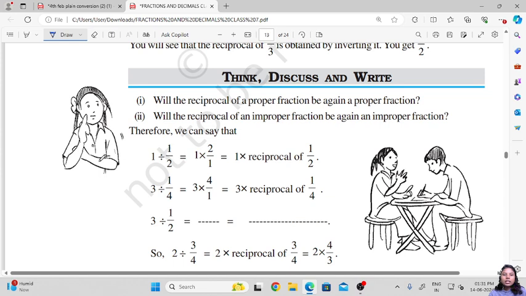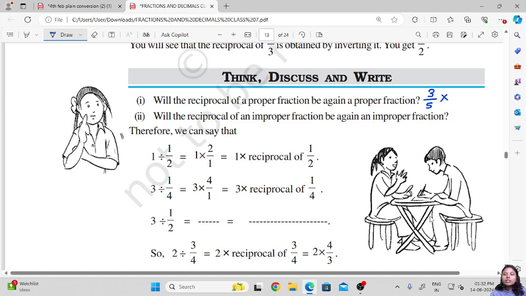Now, will the reciprocal of a proper fraction be again a proper fraction? Say I have, proper fraction is what we said, 3 upon 5, say. Smaller number is in the numerator, larger number is in the denominator.